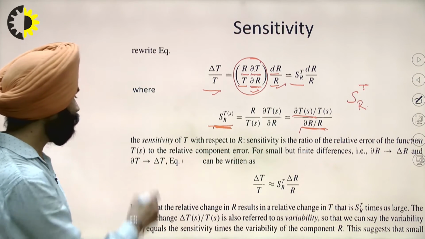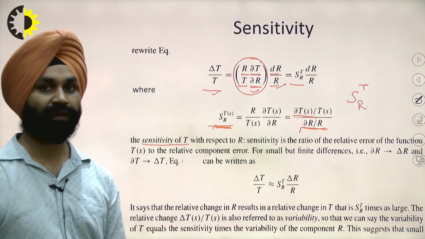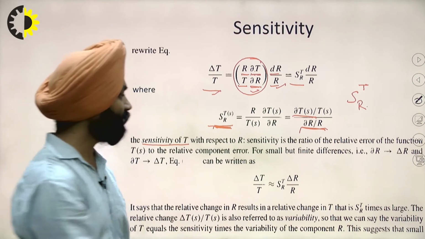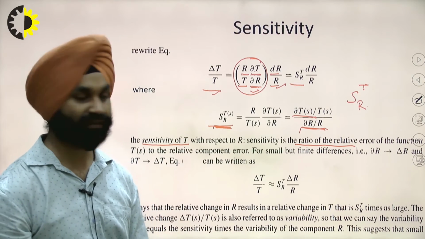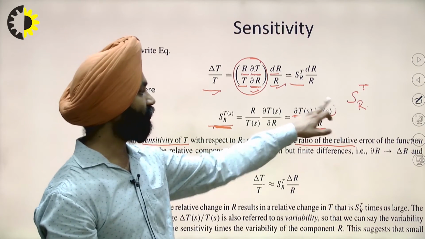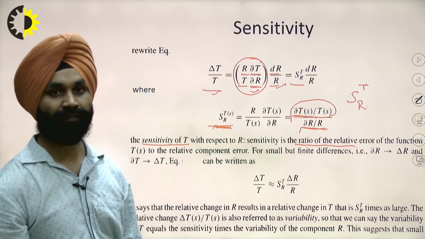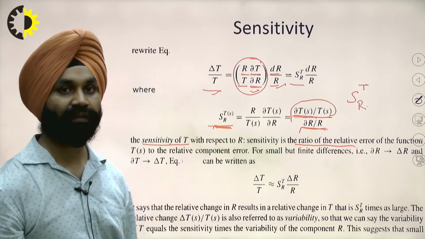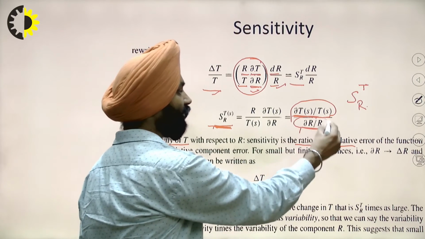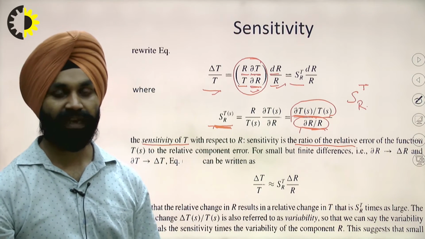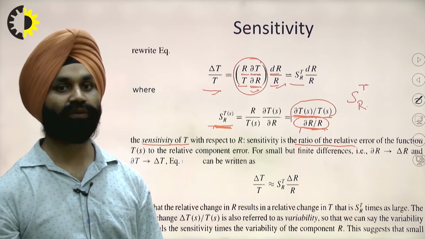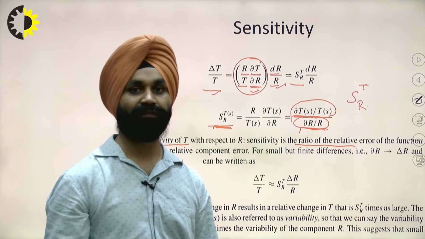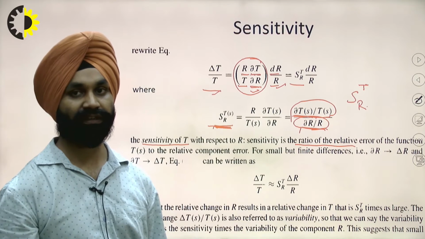So we can say that the sensitivity of T with respect to R is the ratio of relative errors: the relative error of function T(s) to the relative error of the resistance or any other component. Any other component means if we have a C component, which gives some sensitivity due to the variation in its component.